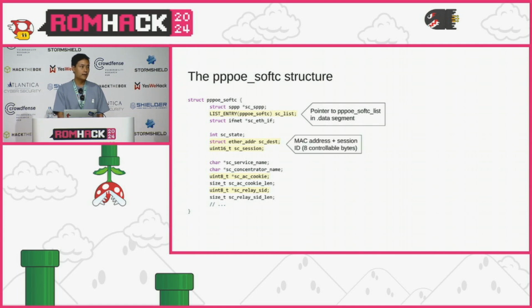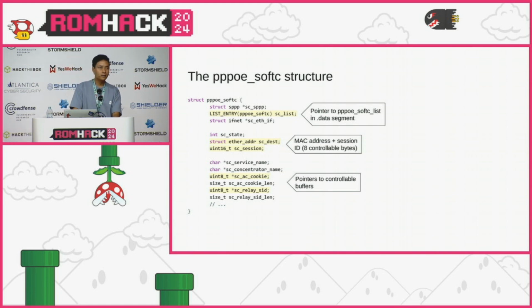There is an sc_dest and sc_session, which is the MAC address and the session ID, and both are attacker controllable. And finally, we have the sc_ac_cookie and the sc_relay_sid, which are pointers to controllable buffers. So there's a lot of useful stuff here.